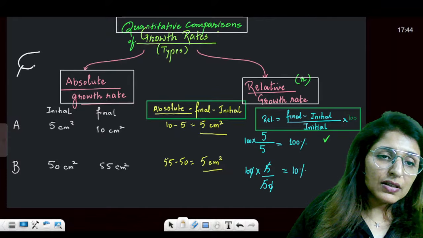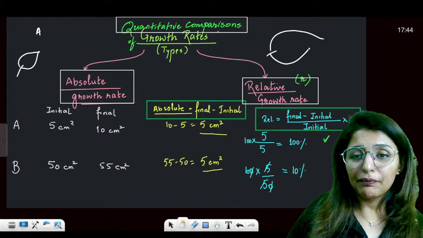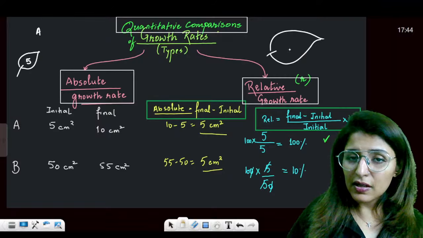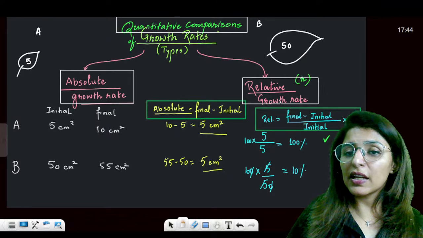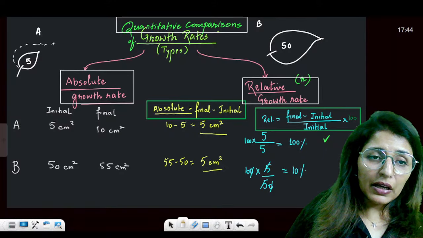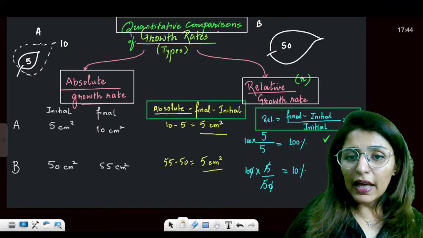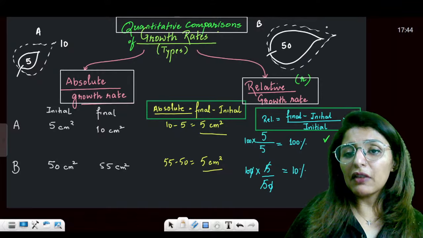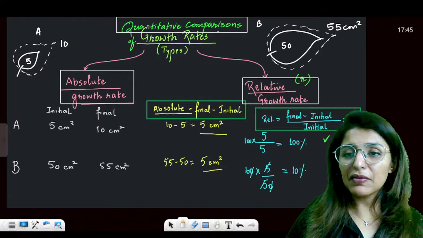We have leaf A and leaf B. Leaf A is initially 5 cm² in surface area, while leaf B has an initial surface area of 50 cm². Leaf A becomes 10 cm² on growth, and leaf B becomes only 55 cm² on growth.